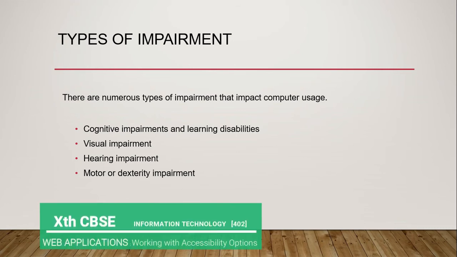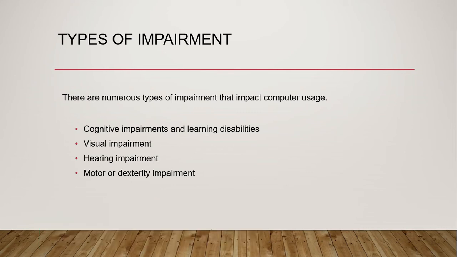The fourth one is motor or dexterity impairment. A motor or dexterity impairment refers to a physical disability. Physical disability means they have weaknesses like muscle weakness, lack of muscle control, or paralysis.